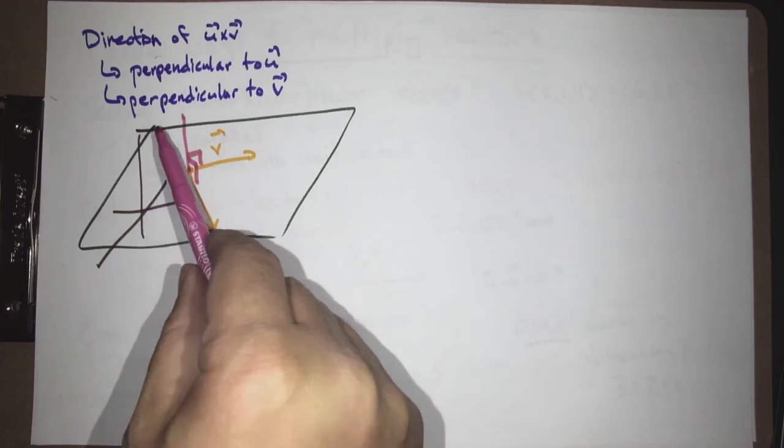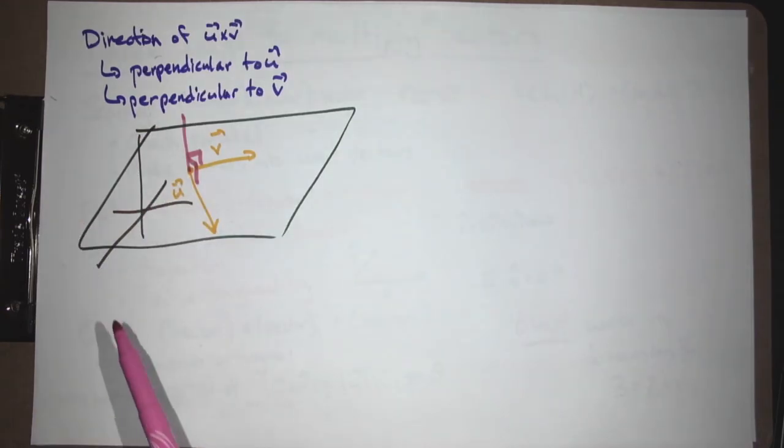How many dimensions do you have in a plane? Two. So how many directions are perpendicular to the plane? Two, not one, because you're in dimension 3. Think of the plane as the XY plane. I want to be perpendicular to the XY plane, so I have to go up.